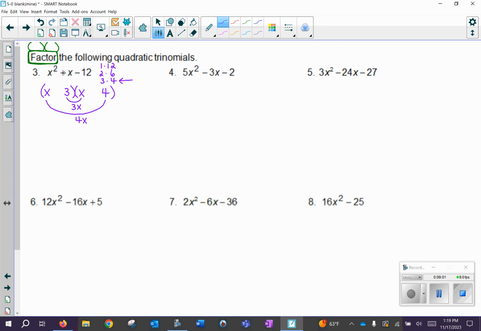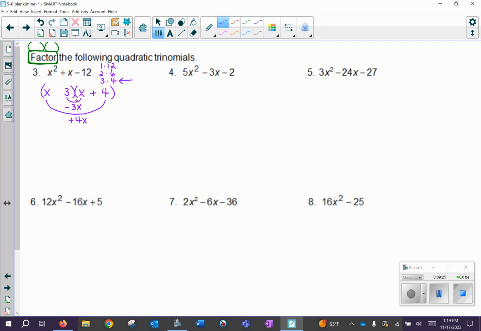And I'm always looking here because I know that the numbers add to be the middle and they multiply to be the end. So again, 4 plus 3 is 7. That's not what I want. 4 minus 3 could give me 1. Now I need to see if I can get the signs to work. To get a positive 1, I want this to be a positive 4x and a negative 3x. Okay, so to be positive 4x, I'm going to put plus.